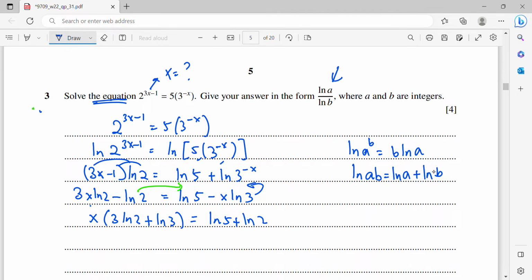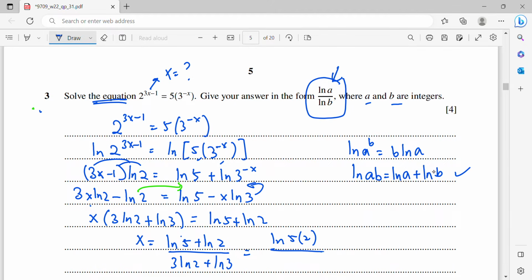Okay, so now to get the x, since you need to get the ln A over ln B, where the A and B are integers, then you need to combine. Okay, and now to combine the 2 ln, use the second formula. It becomes ln 5 bracket 2 over 3 ln 2 is ln 2 cubed.